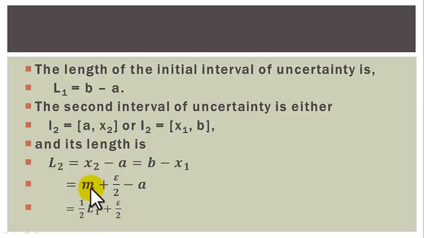Please recall that M is (A plus B) all over 2. So (A plus B) over 2 minus this A will give us (B minus A) over 2, which is equal to half L1, then plus this epsilon all over 2. Similarly, if you substitute for x1 here, we will obtain the same result.